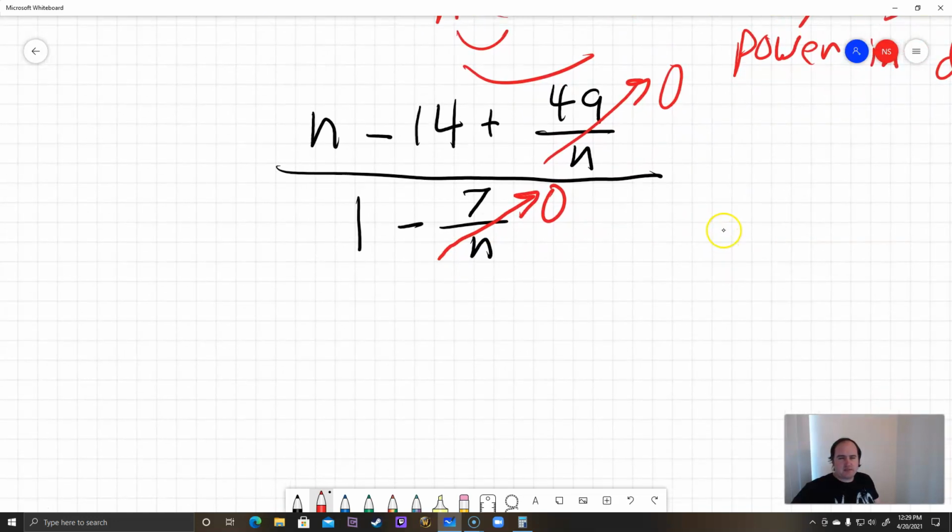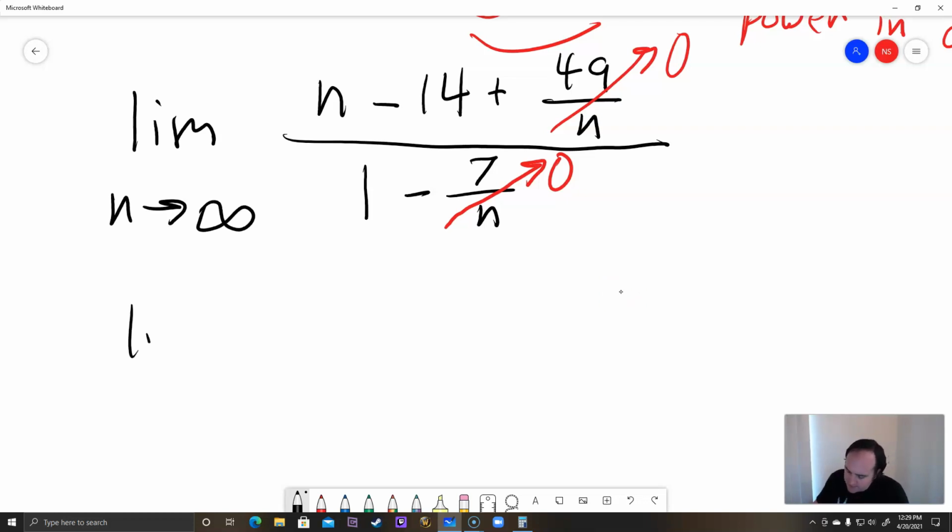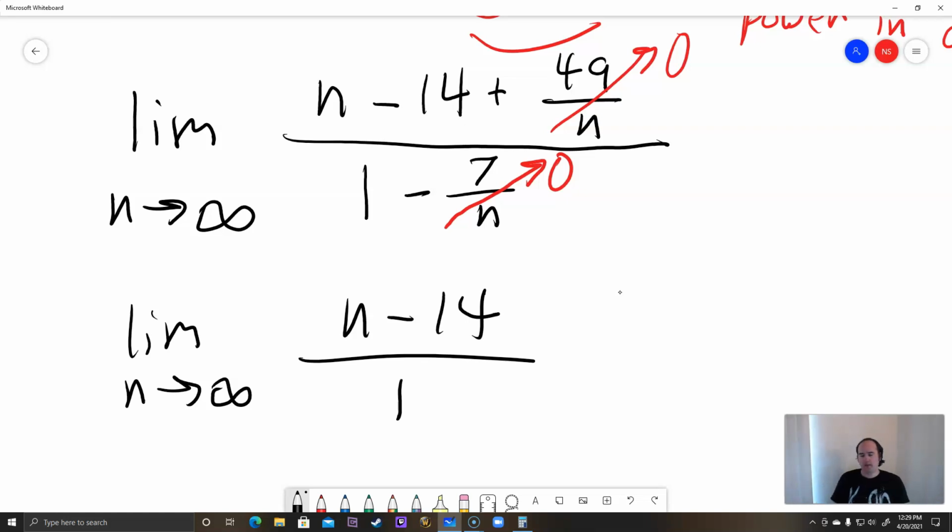But this problem is a little bit different than the other ones because we still have this n left over in the numerator. So we really have the limit as n goes to infinity of n minus 14 over 1. And any number divided by 1 is just the number. So this is actually just going to be n minus 14.